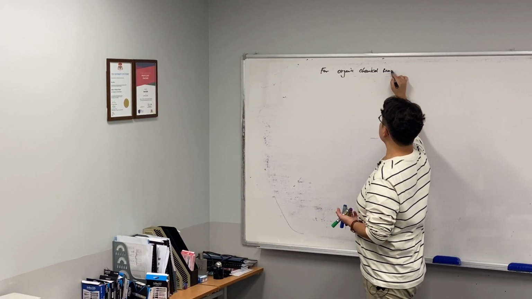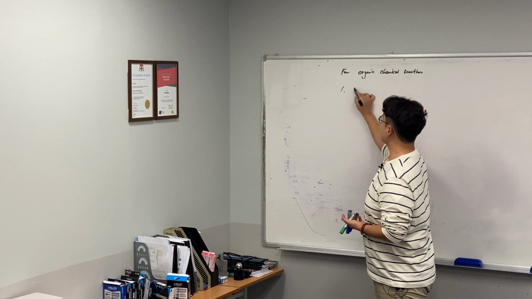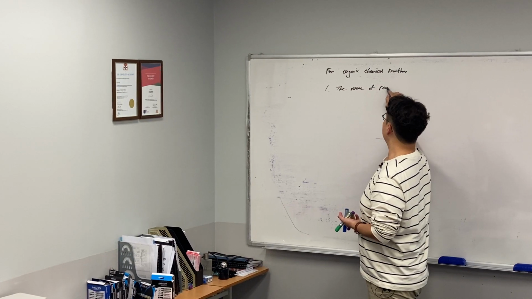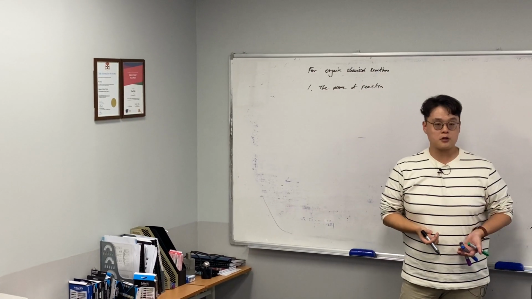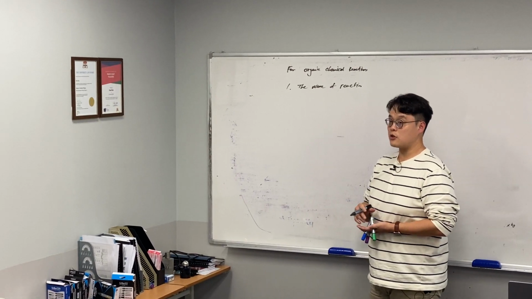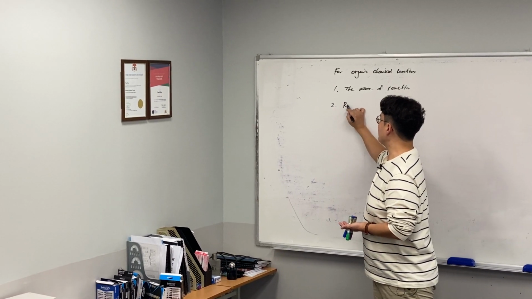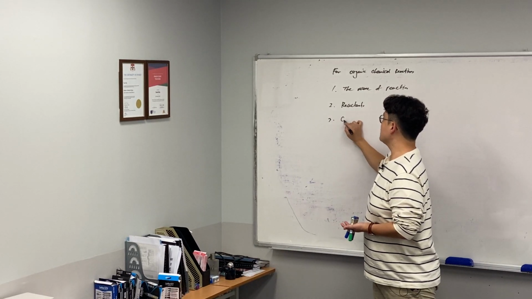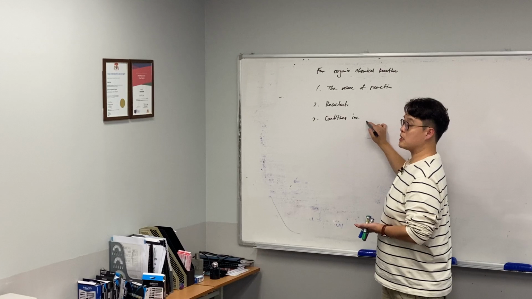chemical reactions. The things that you have to memorize: one, you need to memorize the name of the reaction, like for example, hydration, dehydration, halogenation, hydrohalogenation. Two, you also need to know the reactants. Three, you also need to know the conditions, including any catalyst.